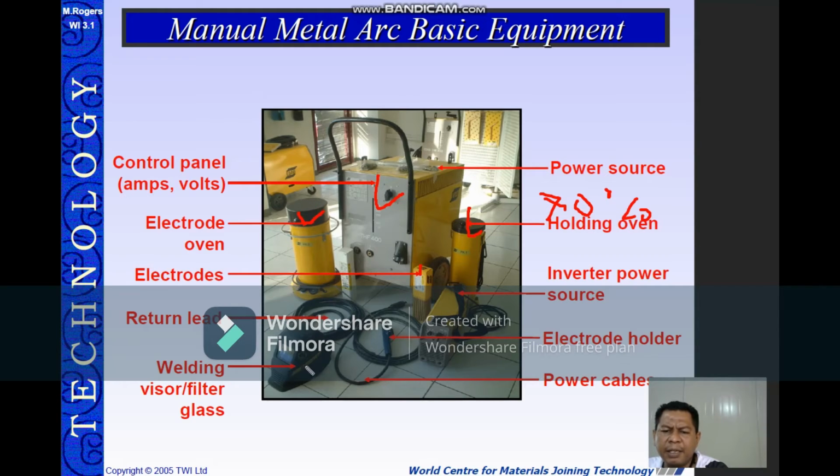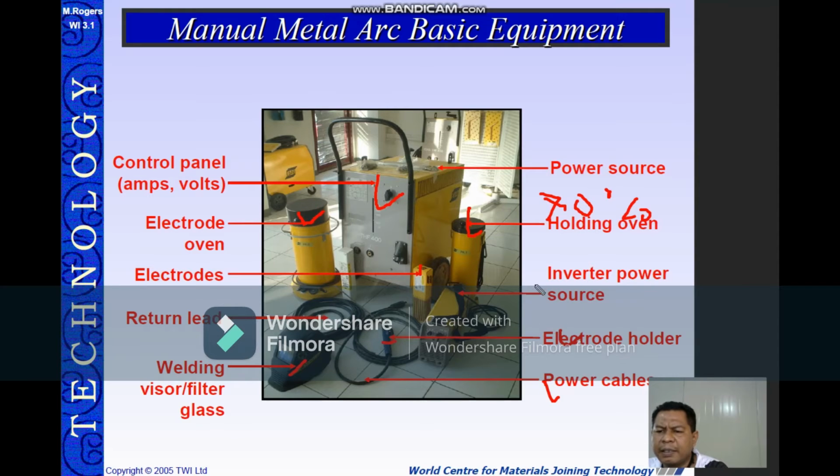This is the return cable. This is the safety welding mask, power cable, and electrode holder. So the welder will hold this one with the right hand.